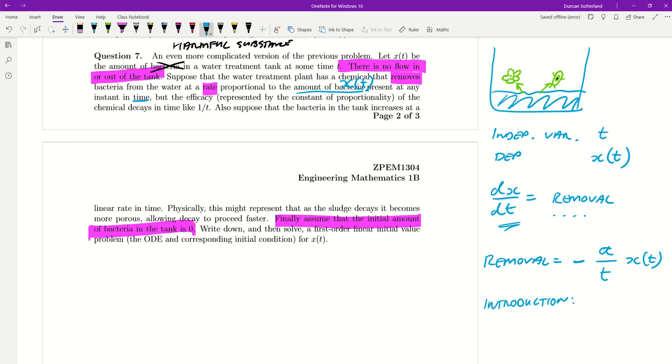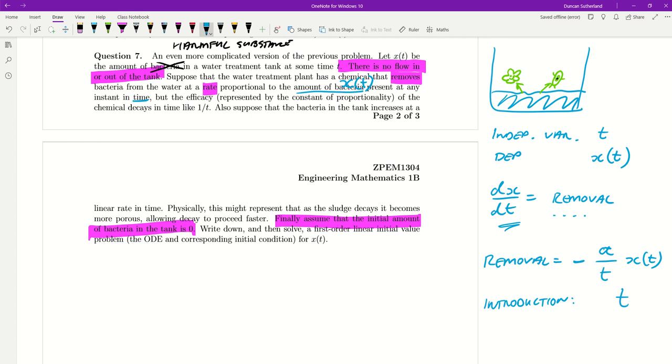So linear means it's a t function. It's not a t squared. It's not a t to the power of a half. It's just a t function like this. There's no mention of reproduction of bacteria, so this introduction doesn't depend on x in any way. So all we've got is t.